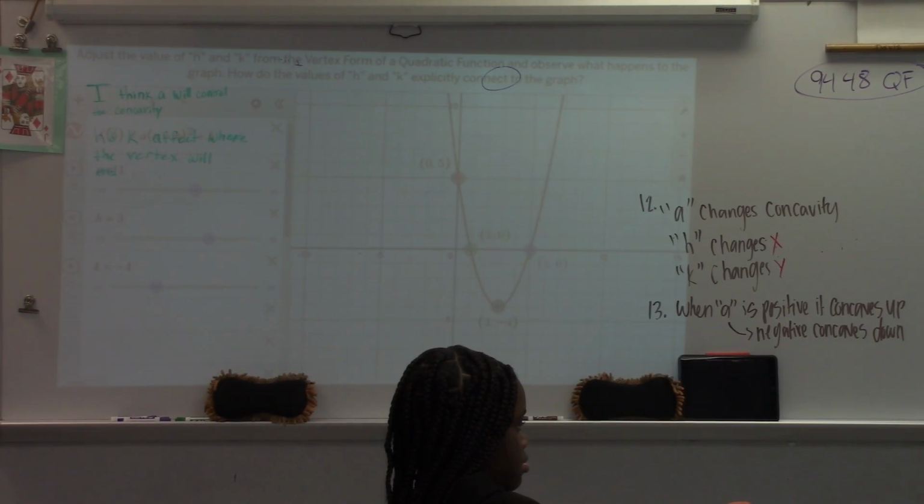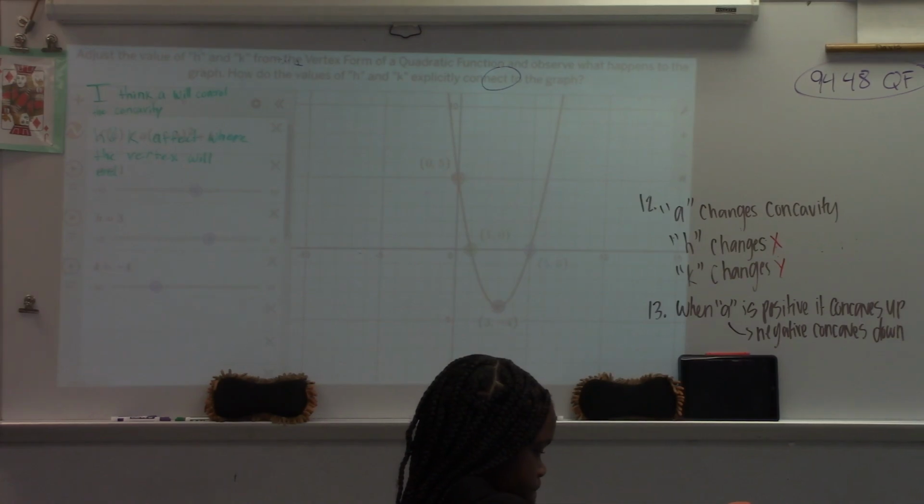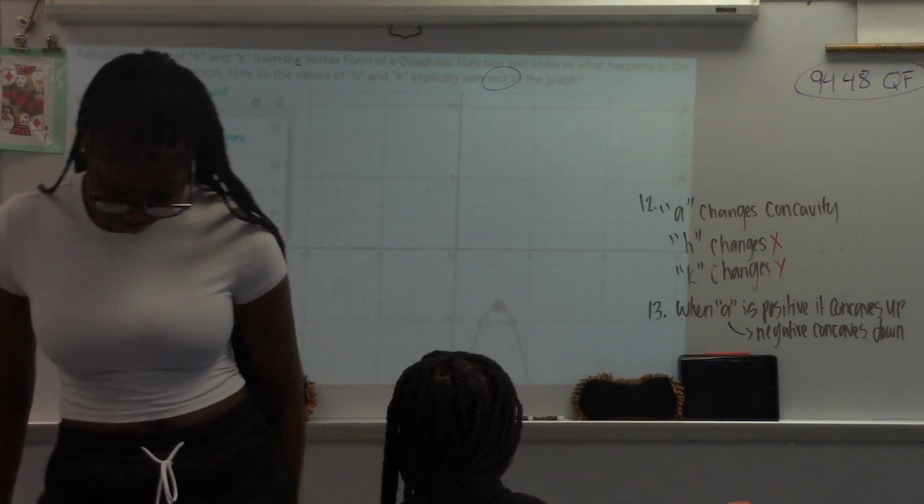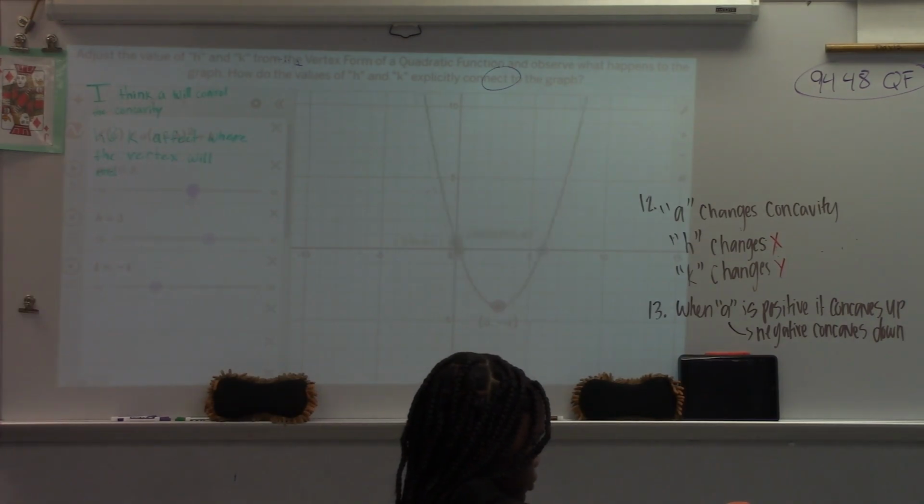The real question, though, is what is it most closely affecting? And when we change A, that most closely affects the concavity. Notice when A is positive, that parabola is concave what? Up. As soon as A becomes negative, that parabola is concave down, right? Negative 0.1, we got a concave down parabola. So A is controlling the concavity.